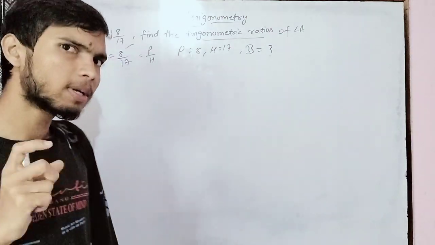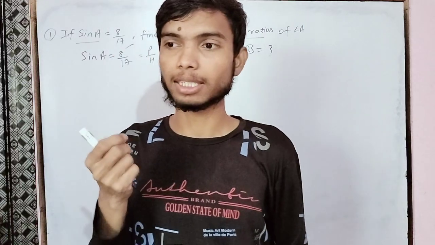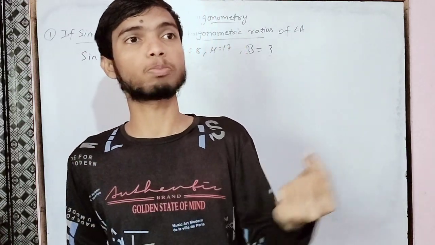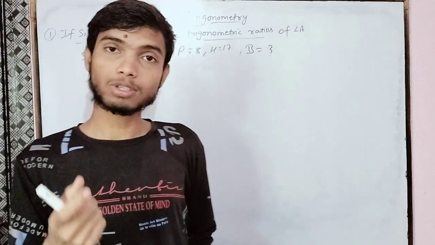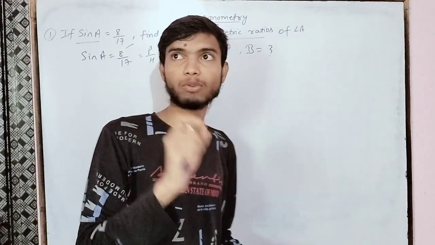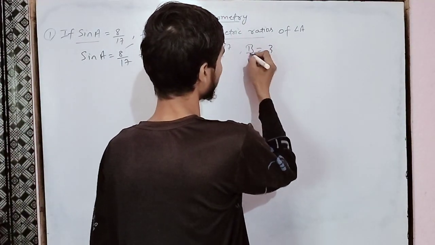So yes, it will be compulsory, because in some trigonometric ratios we will have B upon H, P upon B, H upon B. So of course we should have the value of B.